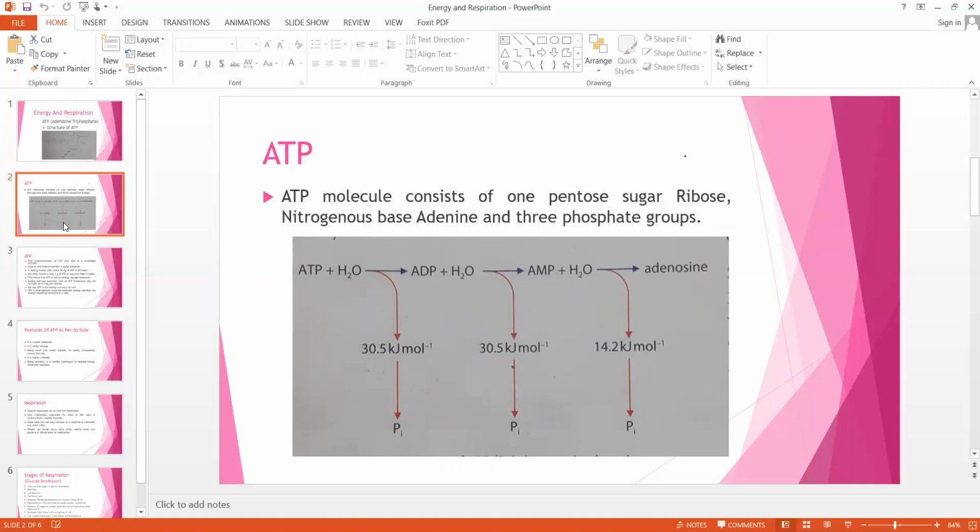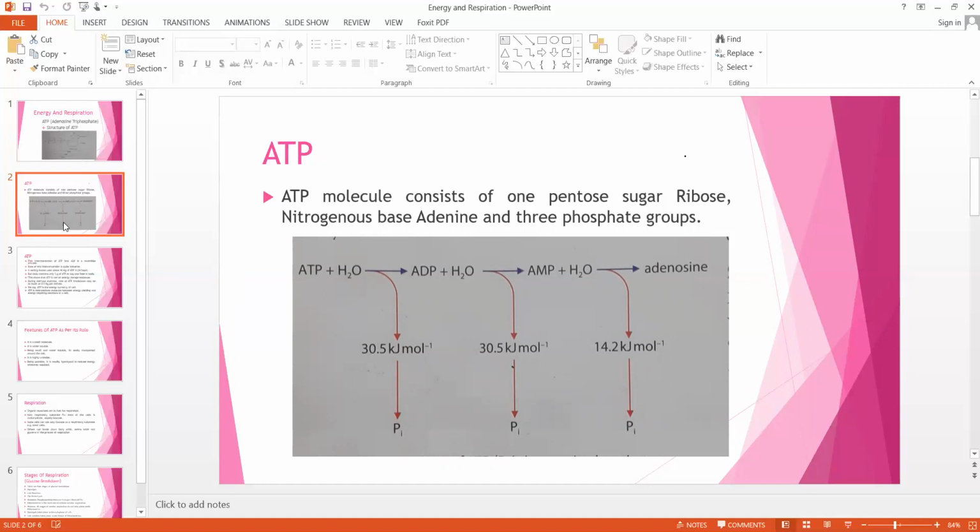Now when the third phosphate group is removed, energy is released again, but this time the amount is small, 14.2 kilojoules per mole. And now when the last phosphate group has been removed, what is left behind is adenosine. So this is the complete hydrolysis of ATP.